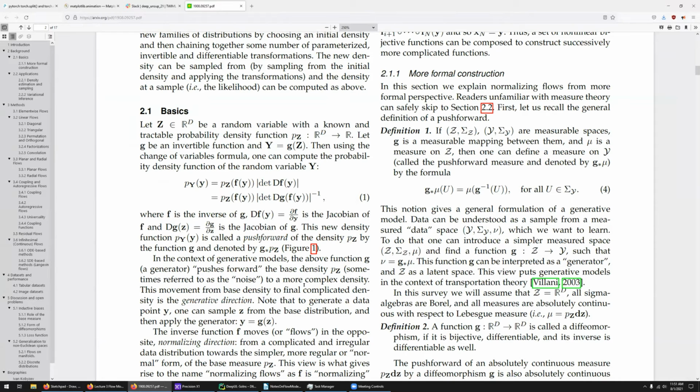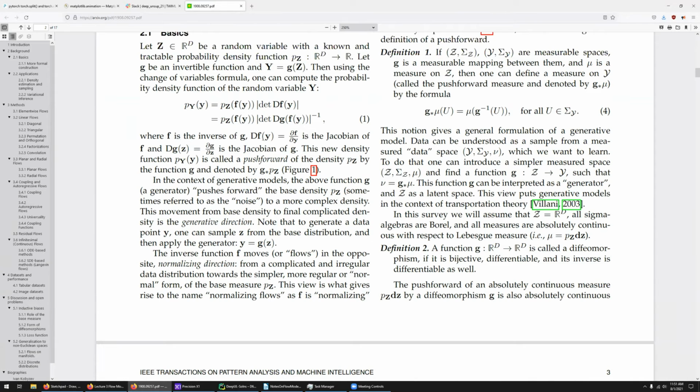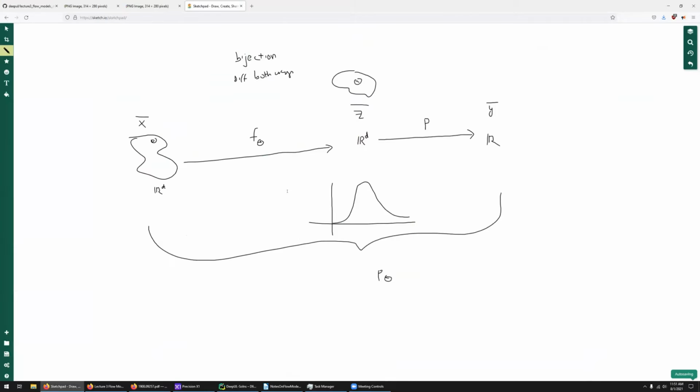Here it is: it's called a push forward probability. Basically, now we've created a way of saying we have our data and here's a distribution out of it.